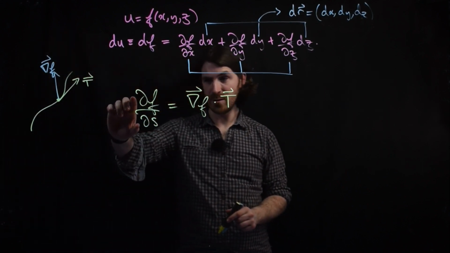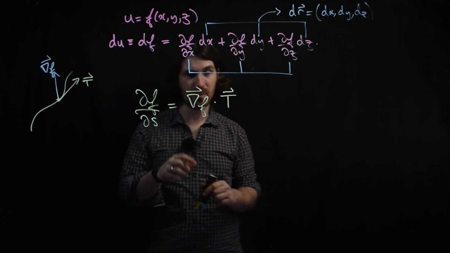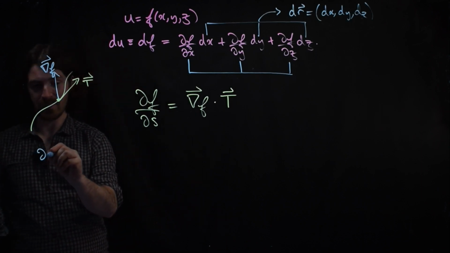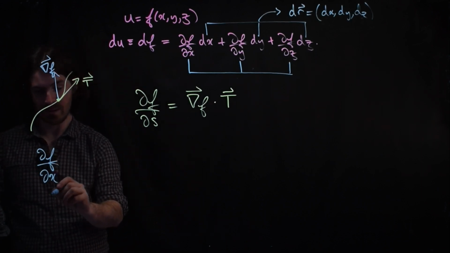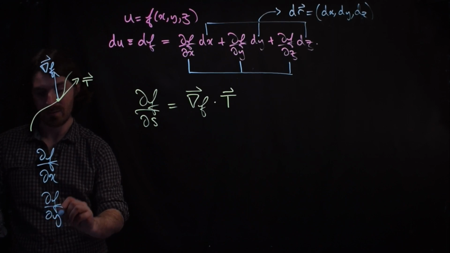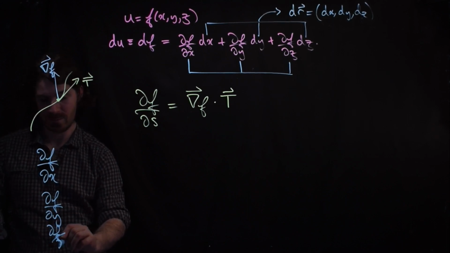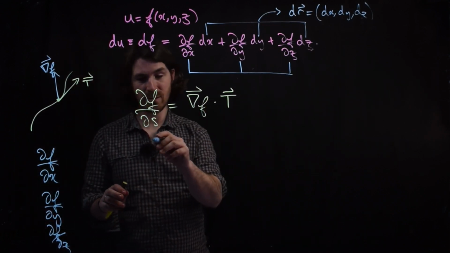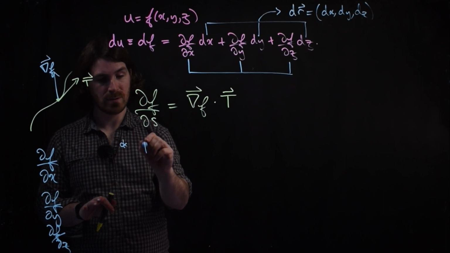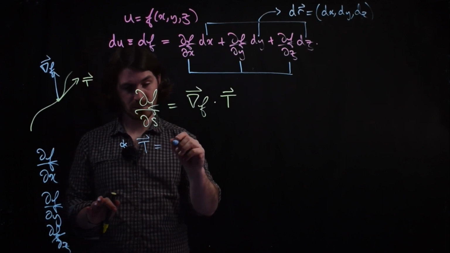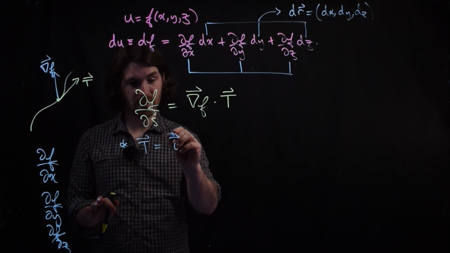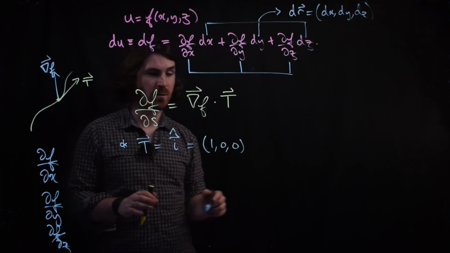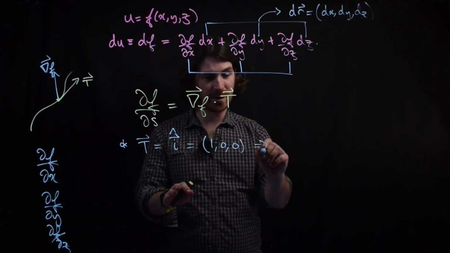And I'm writing this now as a partial derivative just to keep consistent with what we saw before for the derivatives df by dx, df by dy and df by dz. So if we say that the tangent vector t is in the direction of x, so this is just the unit vector in the direction of x, the vector 1, 0, 0, then what does this mean df by ds is?